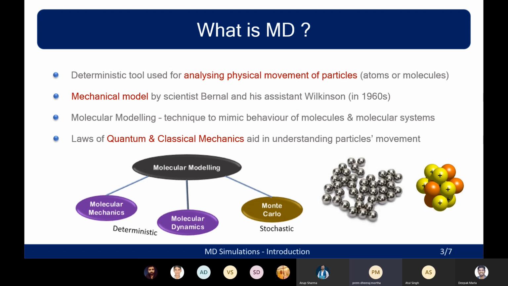And when these techniques are used, they require a lot of information related to molecules and their properties. It is observed that several laws of quantum mechanics are used by molecular modeling techniques in conjunction with classical mechanics. So laws from these two fields of study were clubbed together and then used for creating modeling techniques.